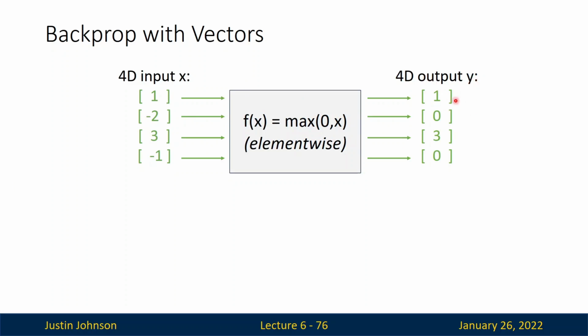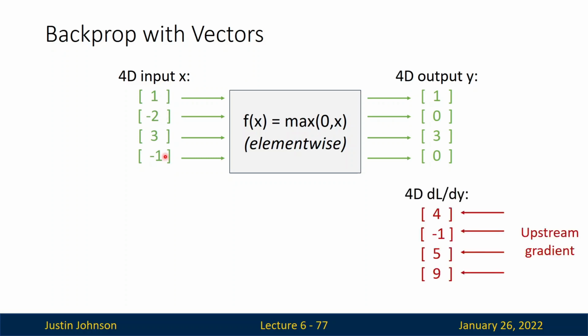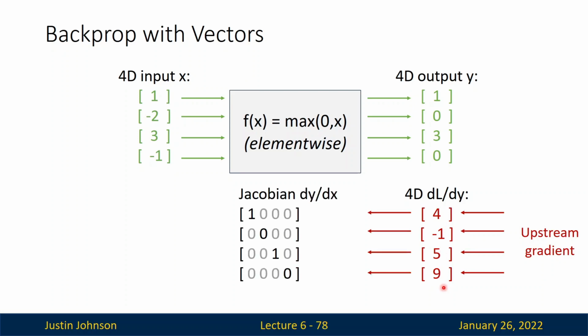Suppose our output vector y is 1, 0, 3, 0, and the input vector is also a 4-dimensional vector. Suppose dL/dy is 4, 0, negative 1, 5. This is the upstream gradient. Then the Jacobian is 1, 0, 1, 1. If our f function is a matrix function, it's a matrix.